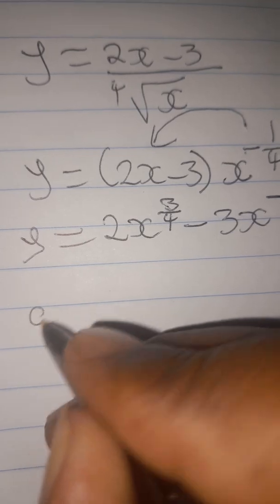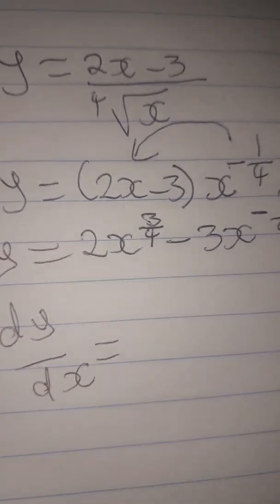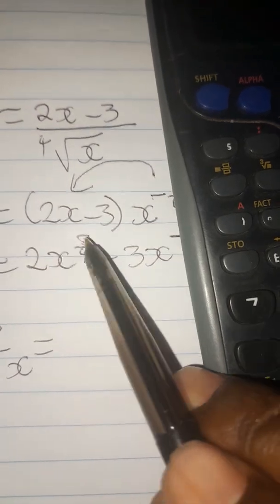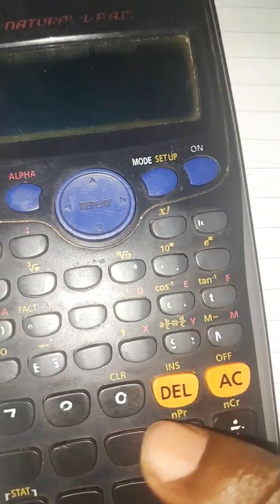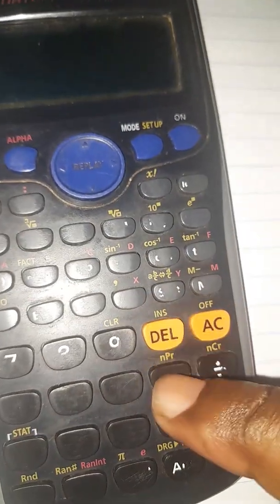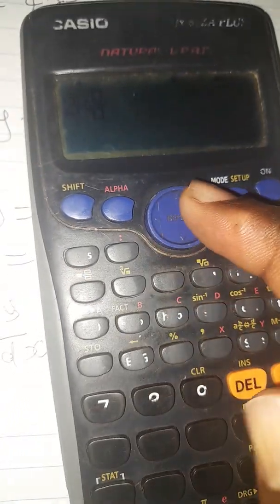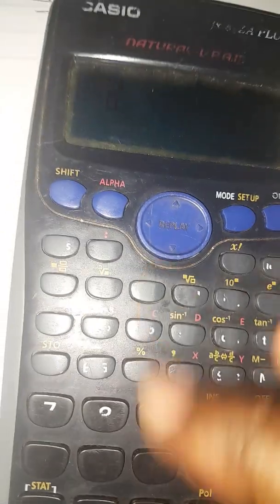Remember, therefore, we need to find the derivative, dy over dx. Since we are looking for a derivative, remember the coefficient will multiply the power. So it will be 2 multiplied by 3 all over 4.